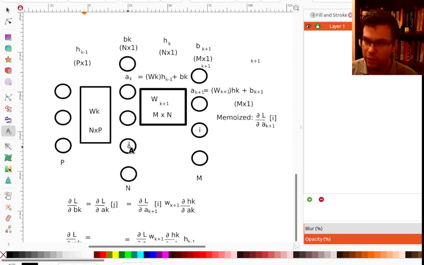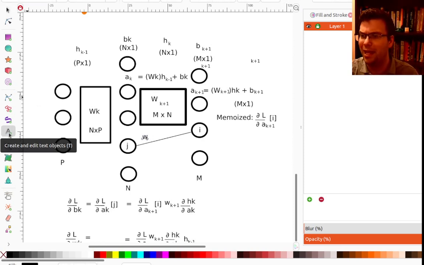All right, so that j is going to influence i on a forward pass, and it's going to do so by the weight w_ij. Let me specify, that is the (k+1)th W, row i, column j.